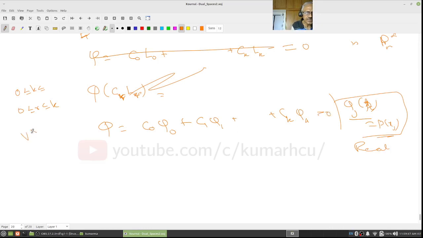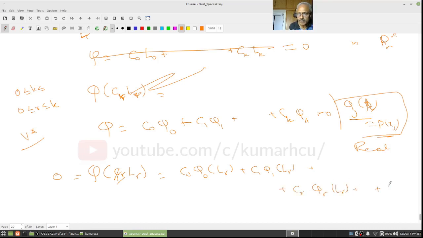And where is this equation valid? In V star. Now let me operate this on Lr. This must be 0. This is C0 phi0 of Lr plus C1 phi1 of Lr plus Cr phir of Lr plus Ck phik of Lr.